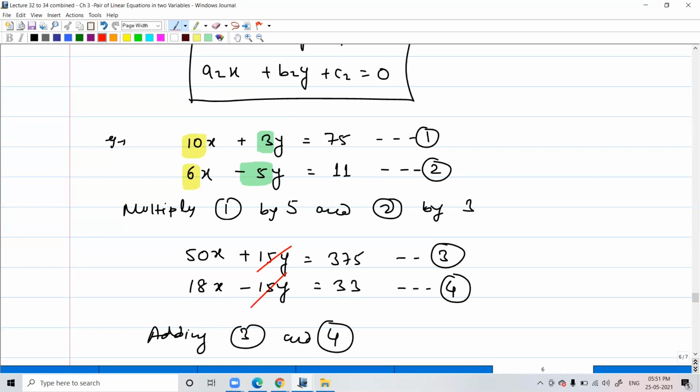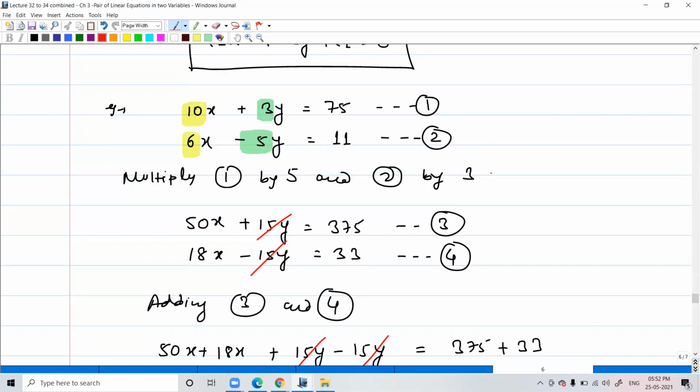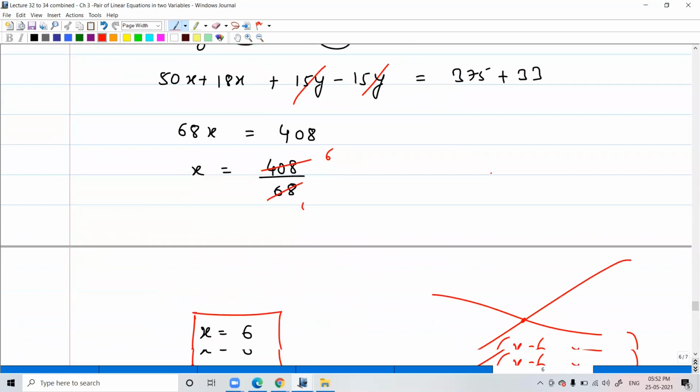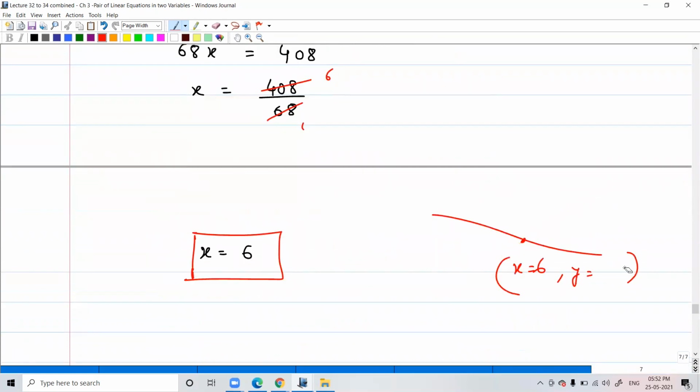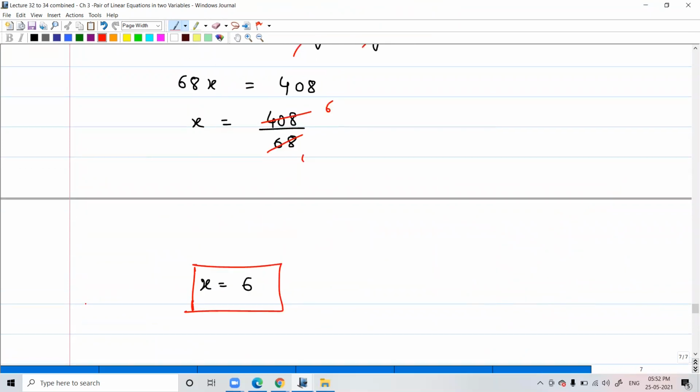So once you find the value of x, you can substitute the value of x into the equation and you can get the other coordinate y. You don't have to eliminate the x also. Using elimination to find one of the variables is enough. Now what we do, we put the x value equal to 6 into any one of the equations.